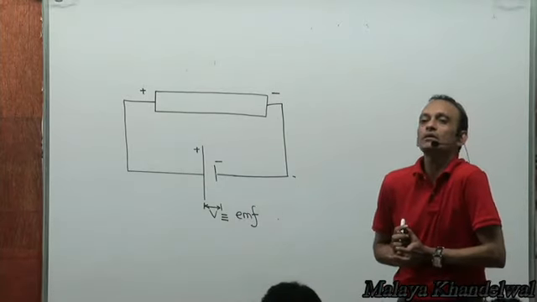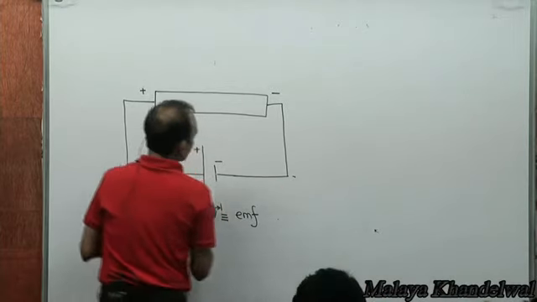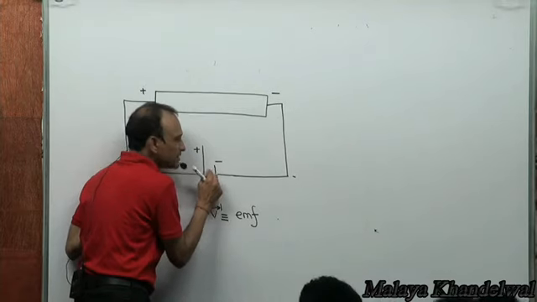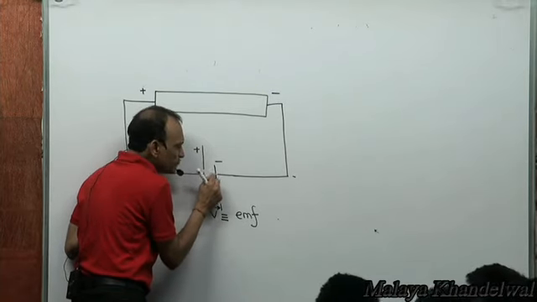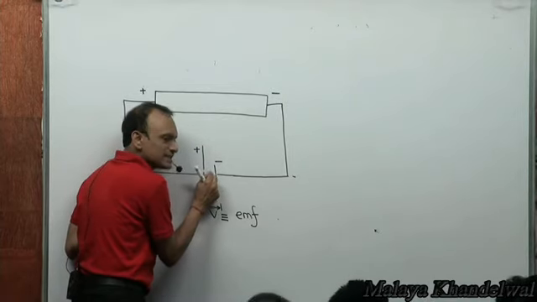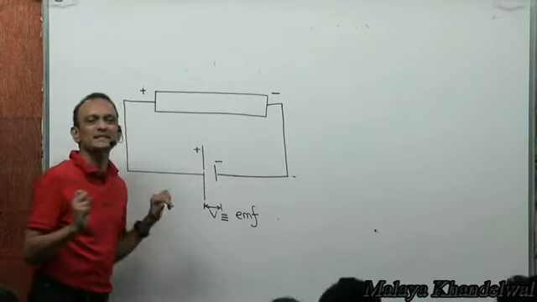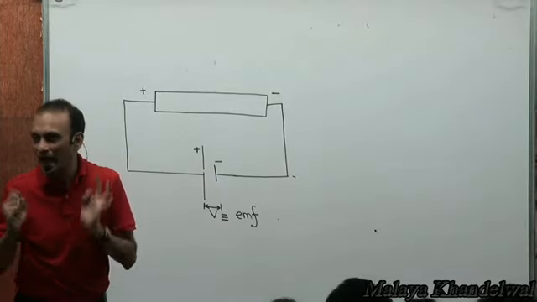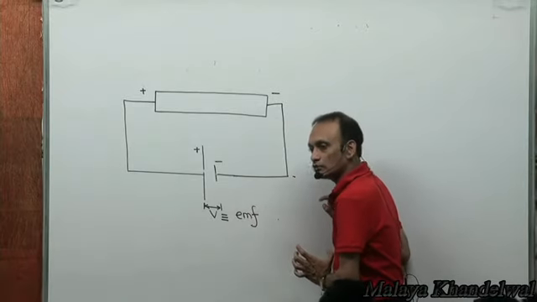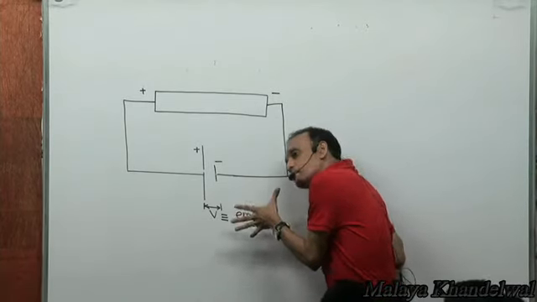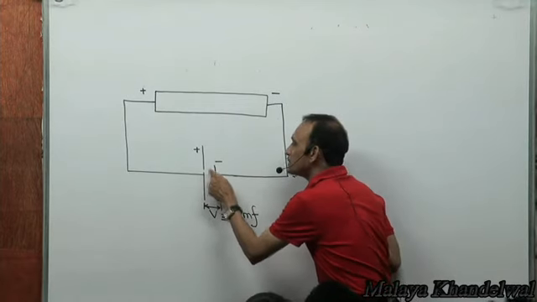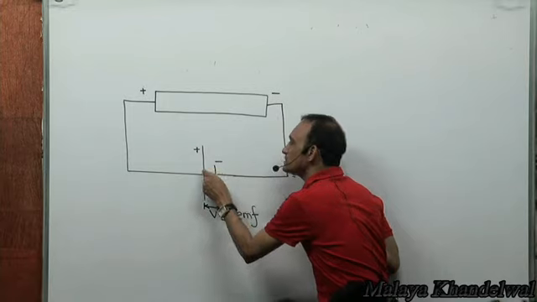To begin with, I'm looking at a battery which does not have what is called an internal resistance. That means when there is current flowing between the terminals of the battery, there is no resistance. I'm assuming that it's an ideal battery. And V is the EMF available because of its mechanism, which maintains the potential difference between these two terminals as V volts.